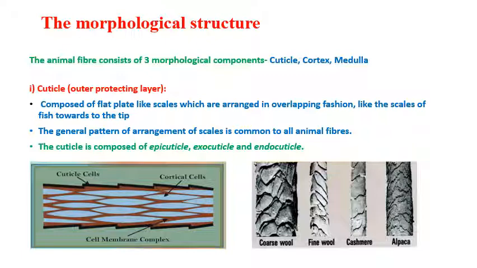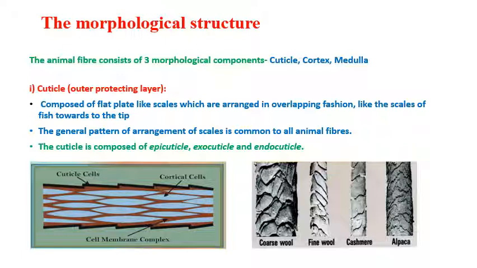So in the bottom right picture you can see the different kinds of wools and their outer appearance under the magnified microscopic view. It looks almost like the outer surface of a palm tree. So basically they are the scales attached, and a little bit of variation will be there in their pattern, and that will be pointing towards the tip of the fiber.